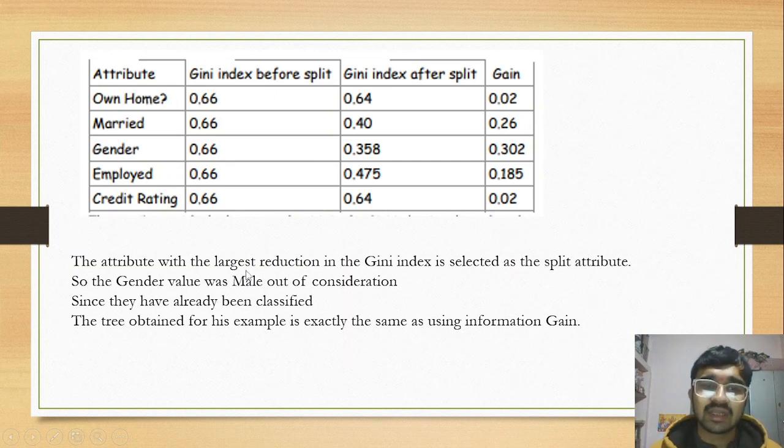The attribute with the largest reduction in the Gini index is selected as the split attribute. So the gender value male is out of consideration, since those have already been classified. The tree obtained for this example is exactly the same as with information gain.